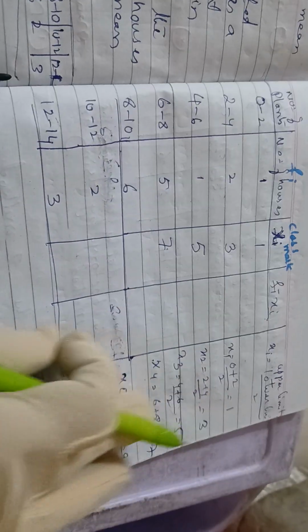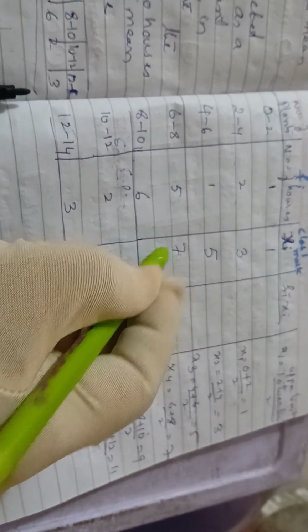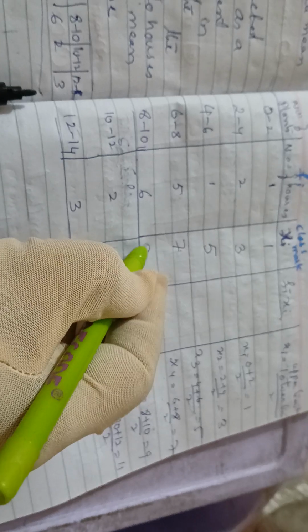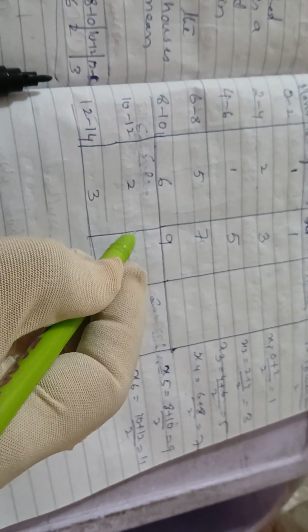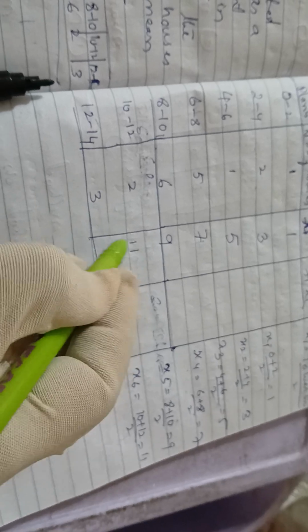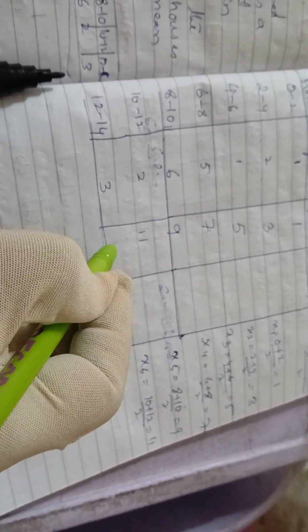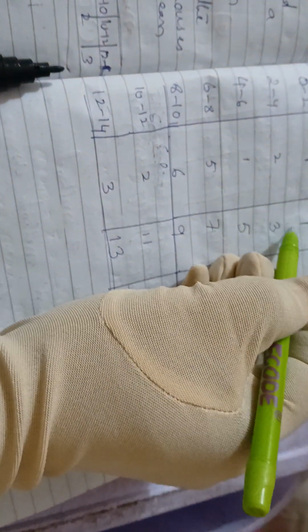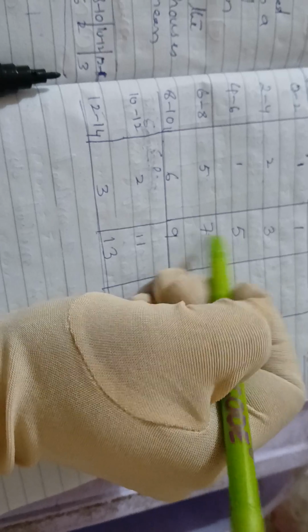So instead of calculating each one, we will directly write the values like this: 7, 9, 11, 13, with a constant difference of 2 between the class marks.